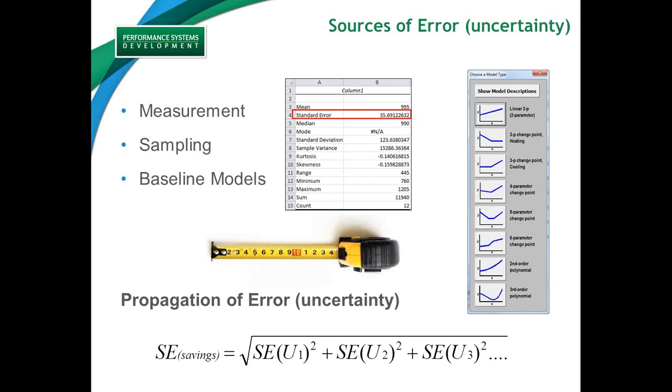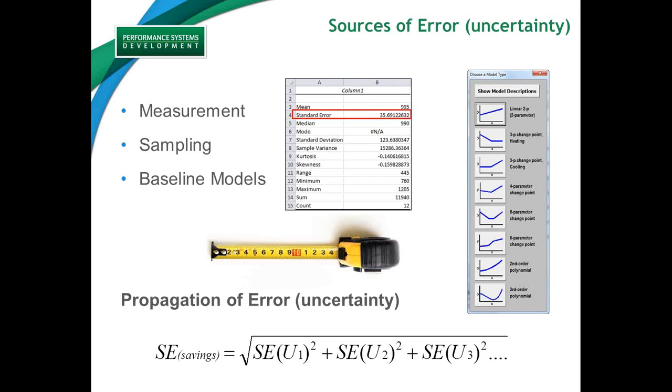How do we begin to talk about these sources of error with respect to their actual mathematical results? You'll see in the center we have an Excel model. It might be a linear regression, a multiple change point model regression. And we're starting to talk about the standard error of that regression. That would be an example of the error in our baseline model.